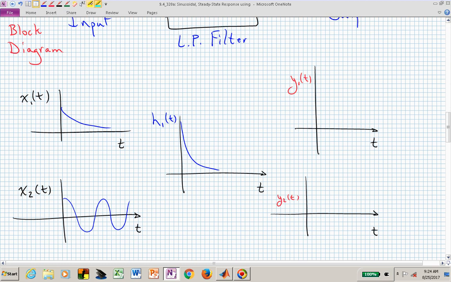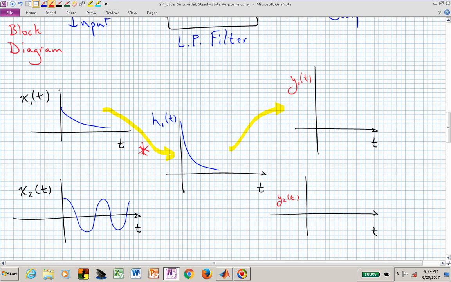If we excite the system with an exponential waveform, it now gets processed through the system that has an impulse response, h sub 1 of t, and that will produce now an output response, y of t. And in the time domain, we're actually convolving these time domain signals to produce the output.